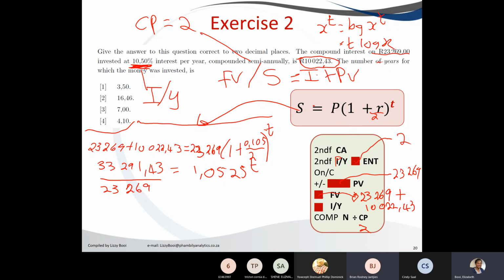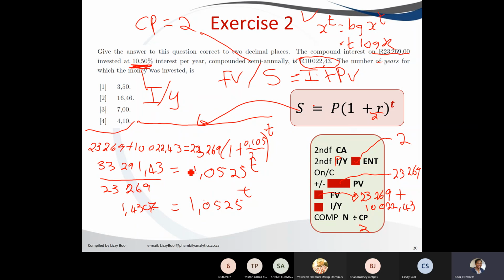Divide that by 23,269 equals, and this side we have 1.43 and some odd numbers, 307 some number, and this we have 1.0525 to the power t. Now to get t down, we apply the laws of logarithm like we did there.